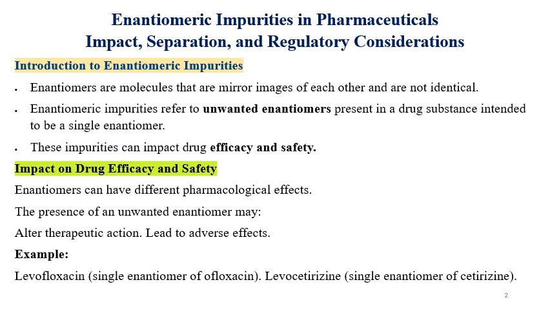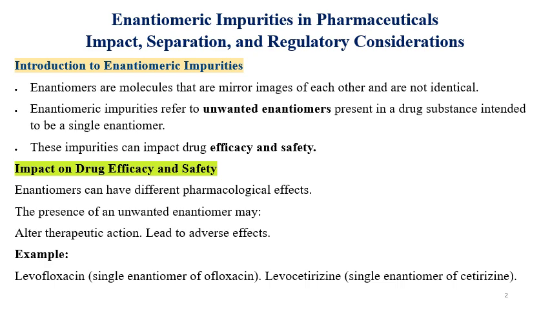So one thing we should know here, these impurities are the mirror images of the APIs. These are the impurities which are known to be coming from the synthesis of the API, or sometimes these may be coming from the degradation.